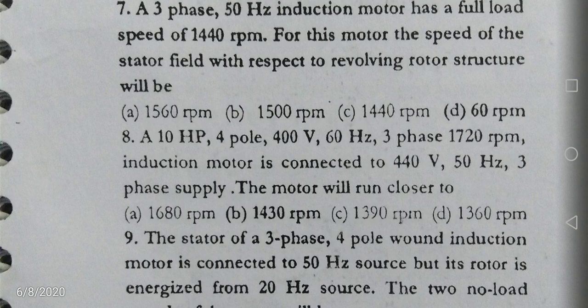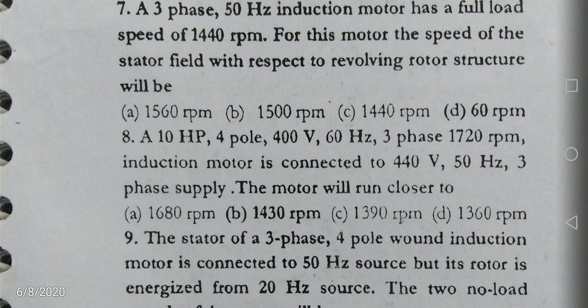So the machine is running at 1720 rpm. Now this machine is connected to a 3 phase 440 volts and 50 hertz supply. Then the Ns value is 1500 rpm because it is a 4 pole machine. So when Ns is 1500 rpm, option A, 1680, is not correct.